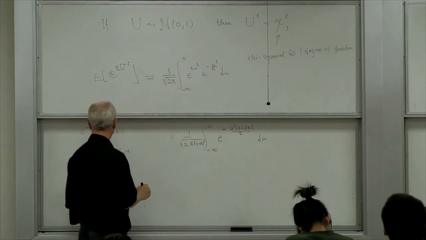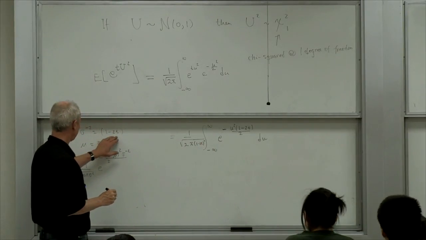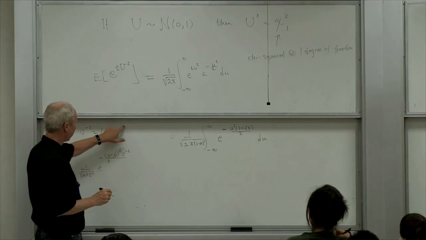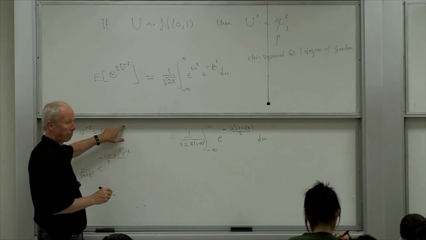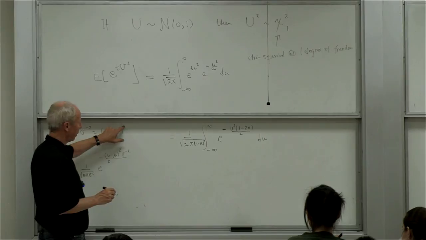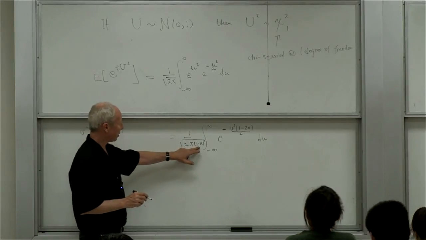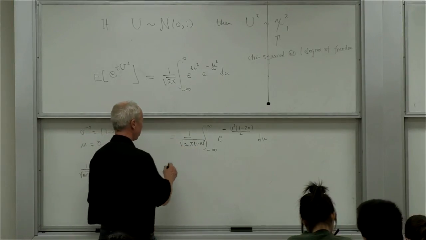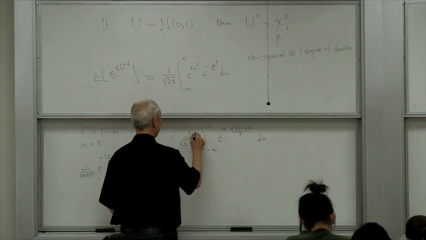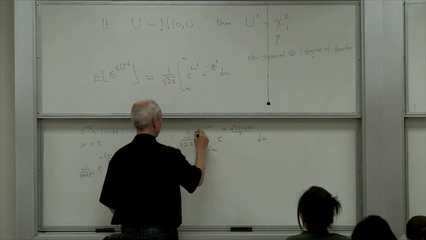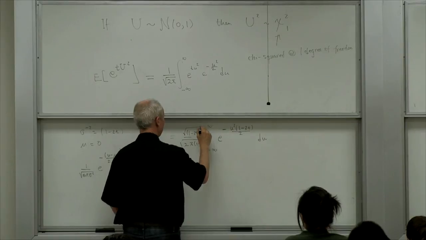If sigma to the minus 2 is this, then sigma squared would be this to the minus 1. So I put that down here, but that's not where I started. I have to correct by putting in that term.